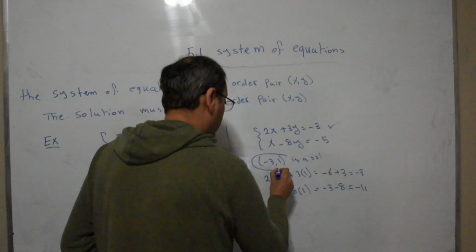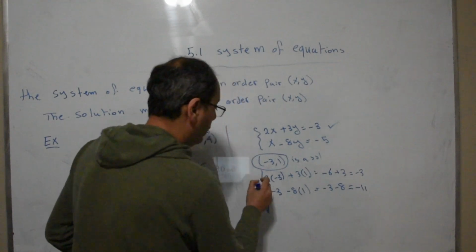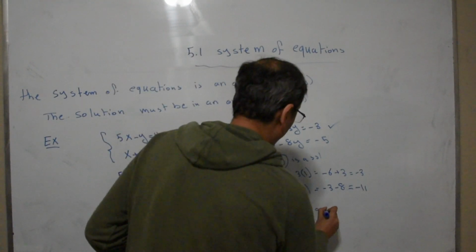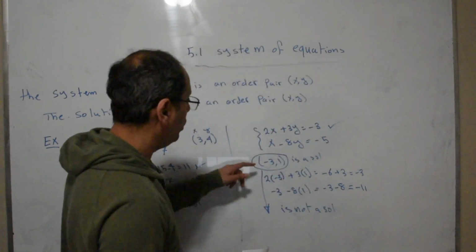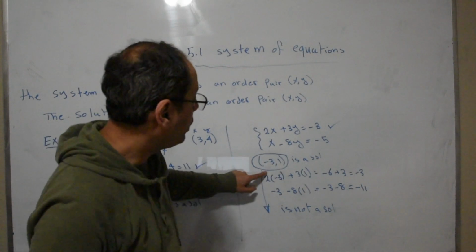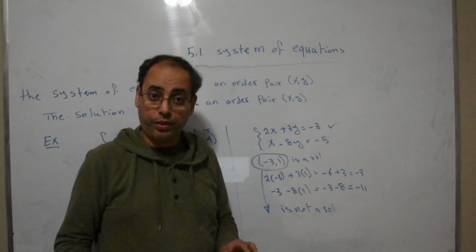Therefore, negative 3 and 1 is not a solution. Although this ordered pair works with the first equation, it's not a solution of the system. Okay?